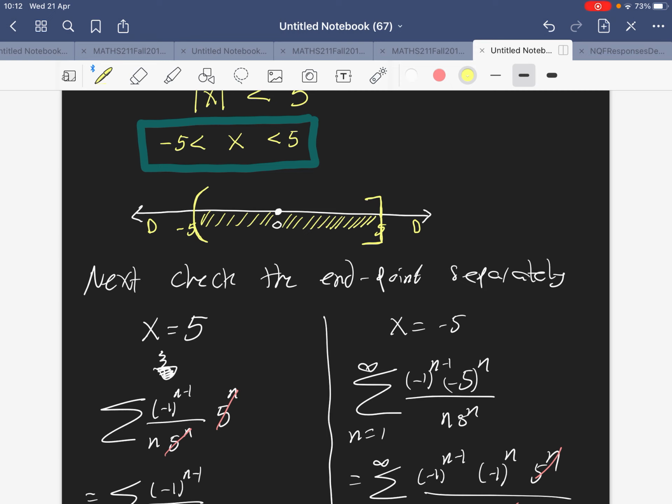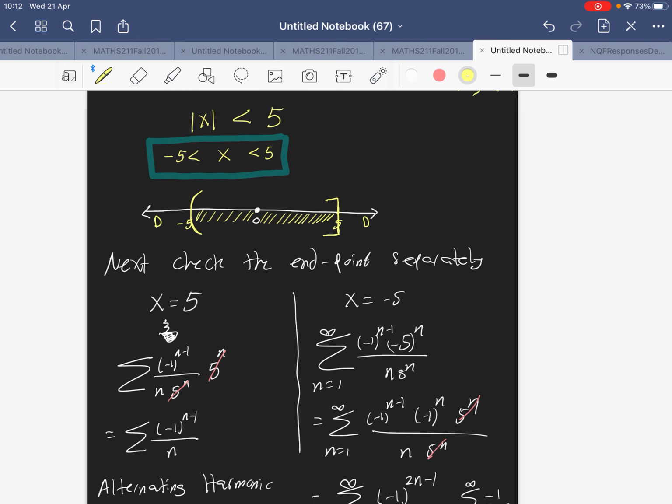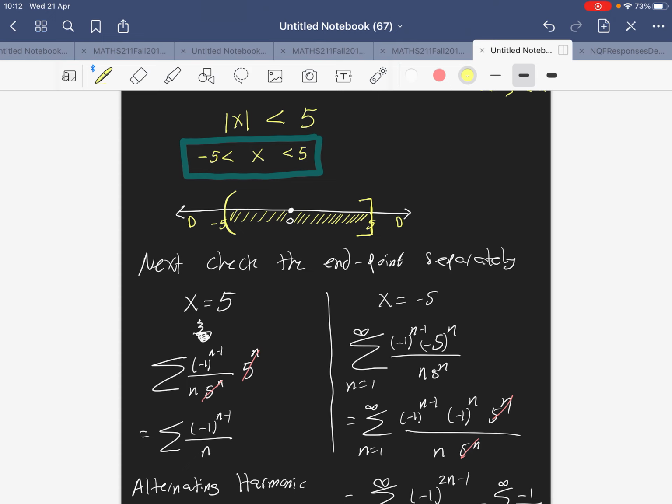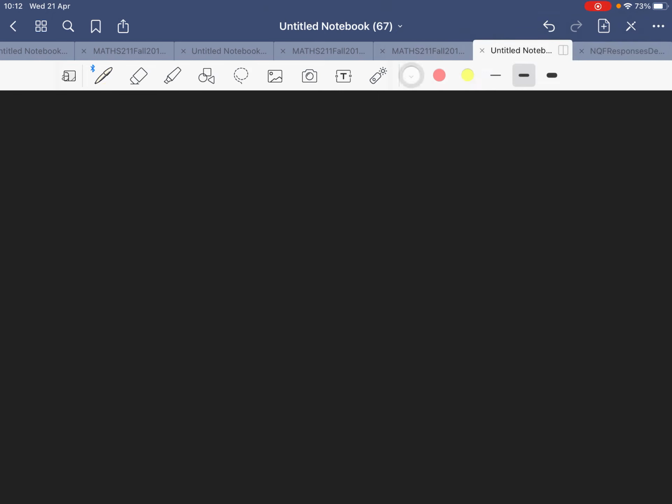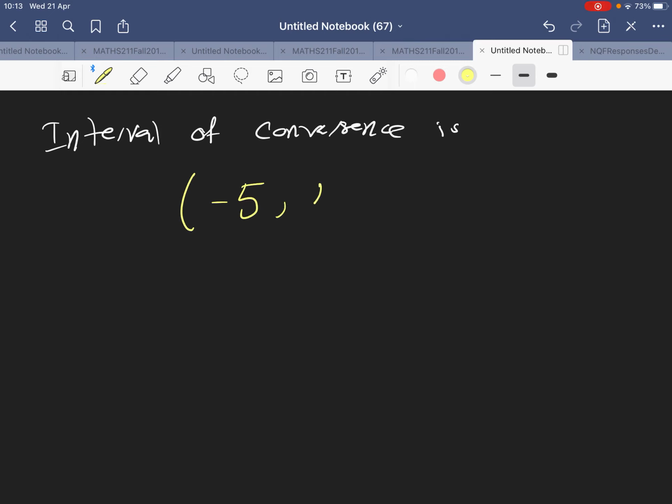So we just need to summarize what we did. The interval of convergence, this is the final answer if you want, is -5 open and 5 closed.